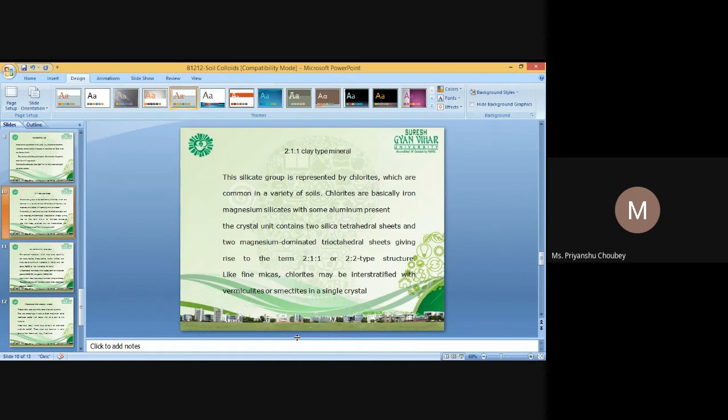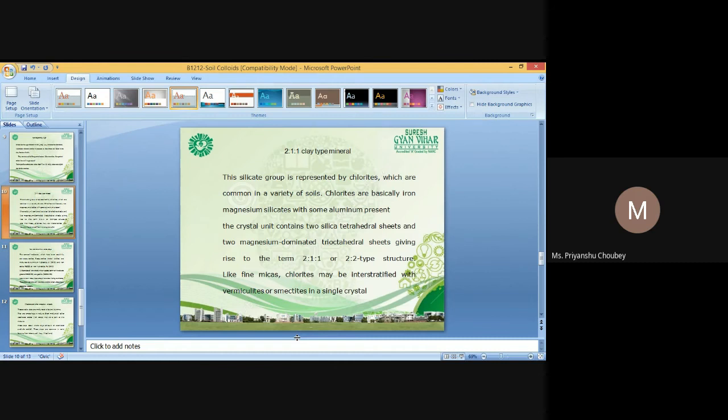Histic epipedon, from histos meaning tissue, has greater than 20 to 30 percent organic matter depending on the clay, and is water saturated for 30 days. Thickness is less than 30 centimeters if drained, and 45 centimeters if not drained.